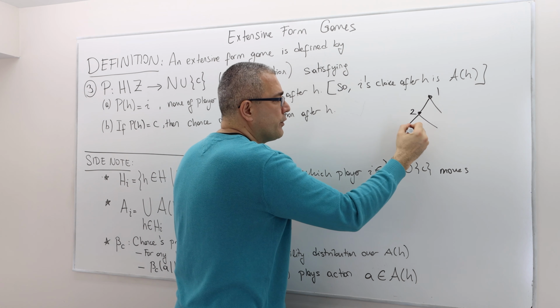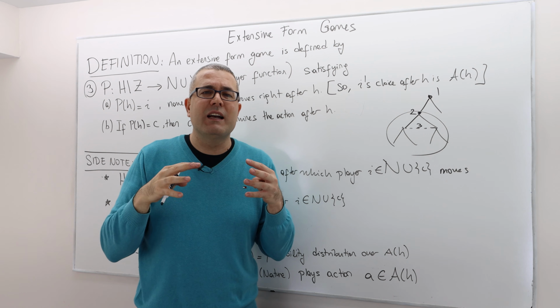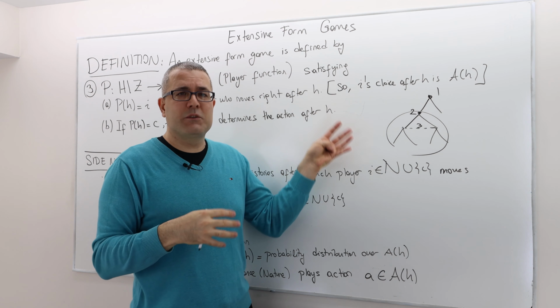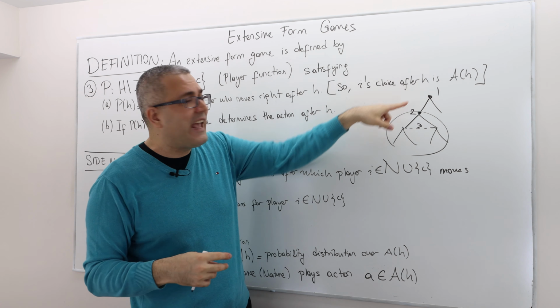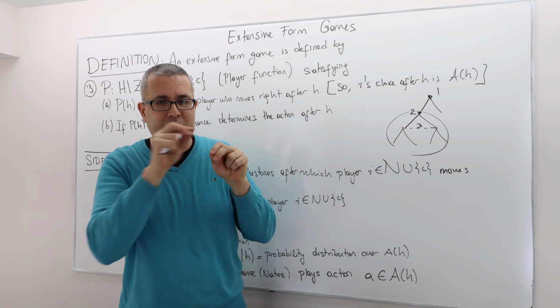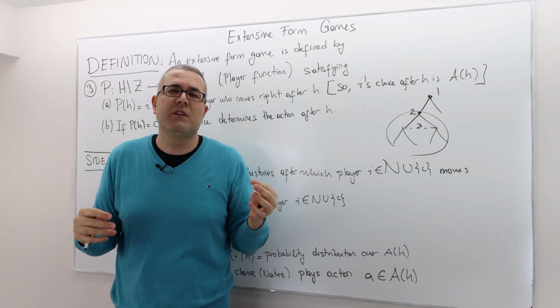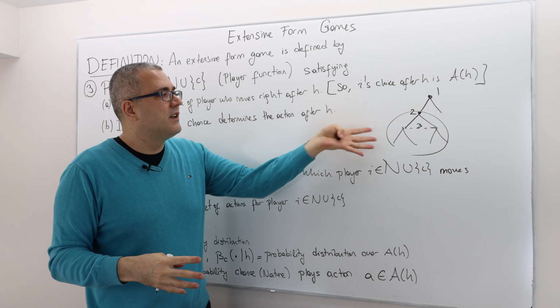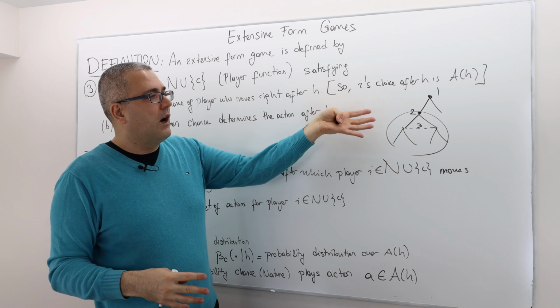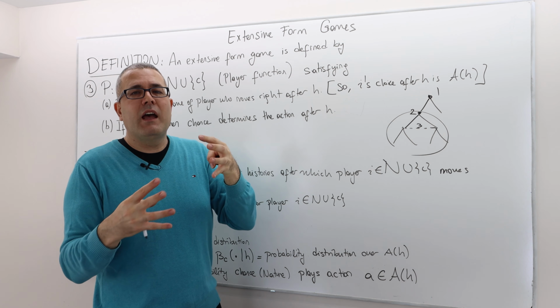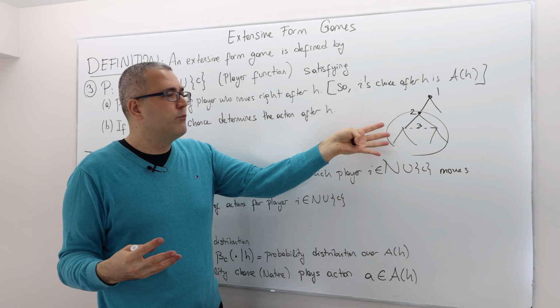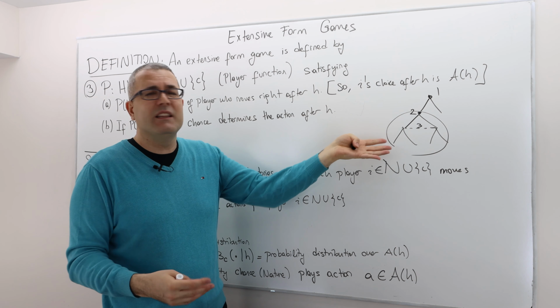This is how we are going to describe simultaneity in this part of the game. So for any history, there's going to be one and only one player who is making a move.